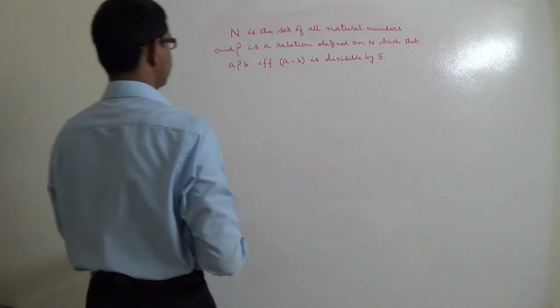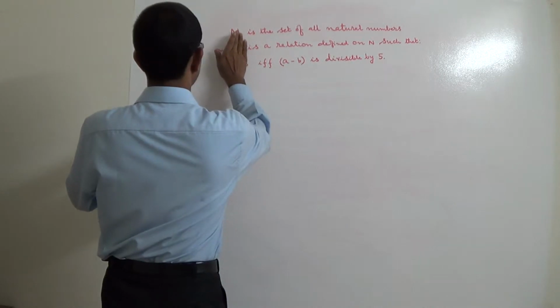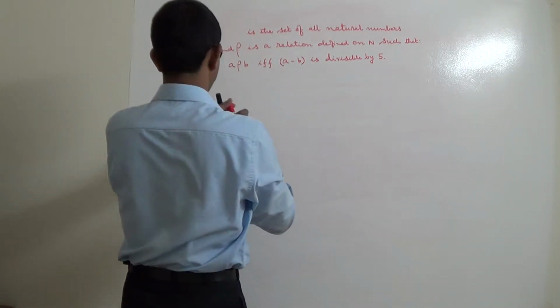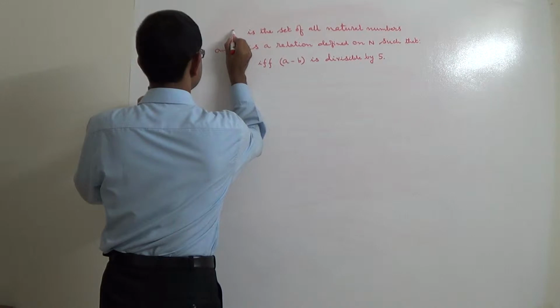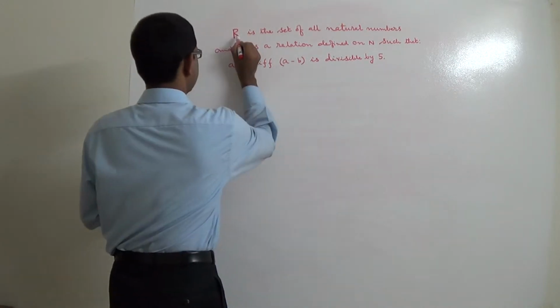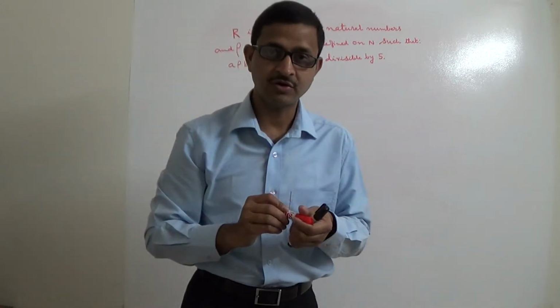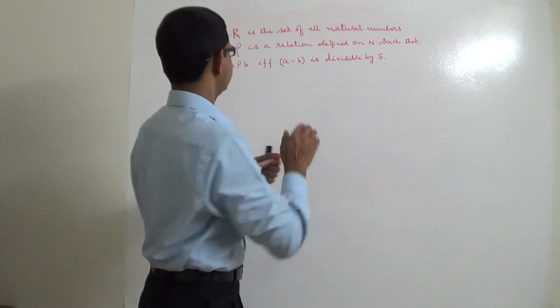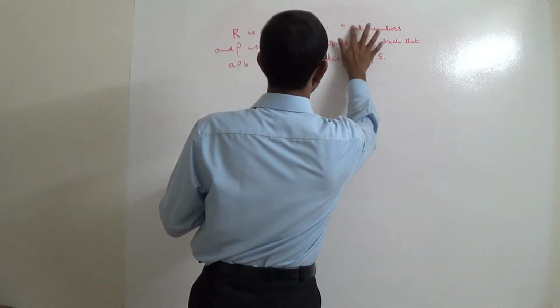Let us change this example a little bit. Capital R is the set of all real numbers, right?